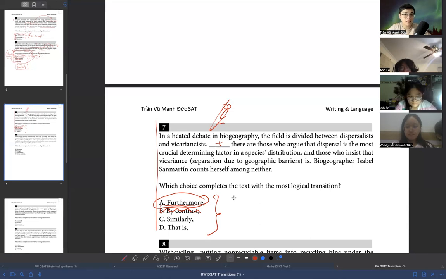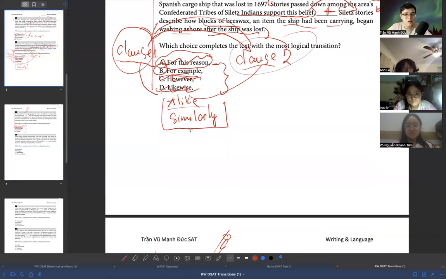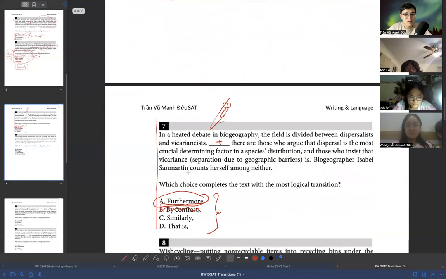I haven't seen you guys do the last 3 questions correctly, so pay close attention. Similarly is the same, alike, similarly, likewise.